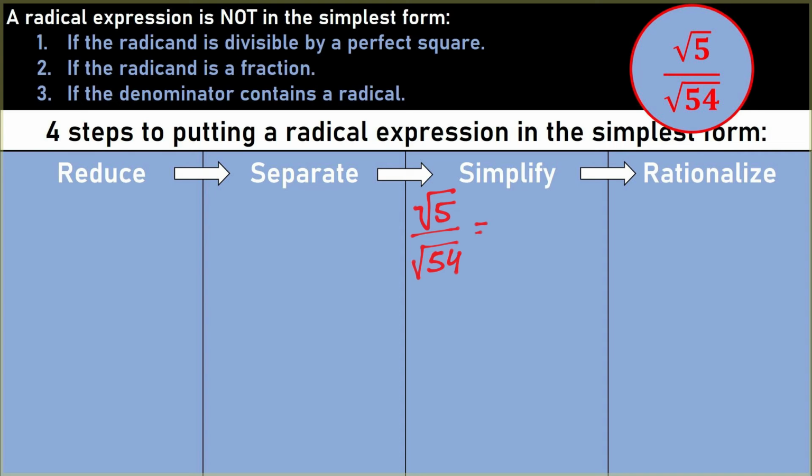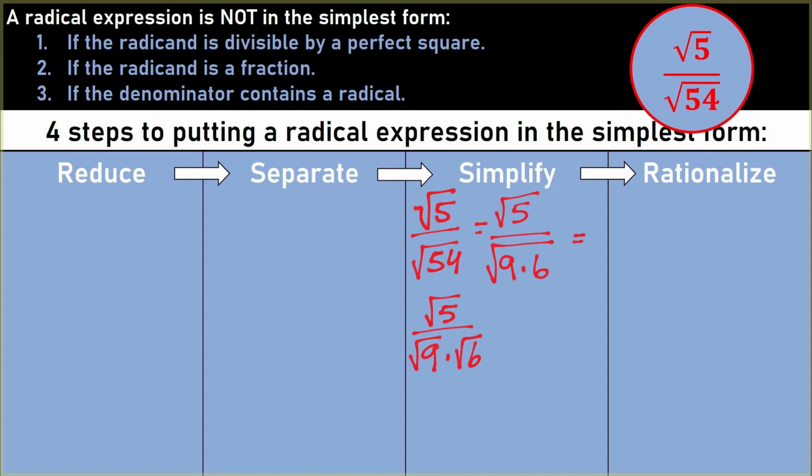So I'll rewrite my problem like this. And instead of writing 54, I'm going to write 9 times 6. And then I'm going to use the multiplication property of radicals and rewrite the problem like this. The square root of 5 over the square root of 9 times the square root of 6.